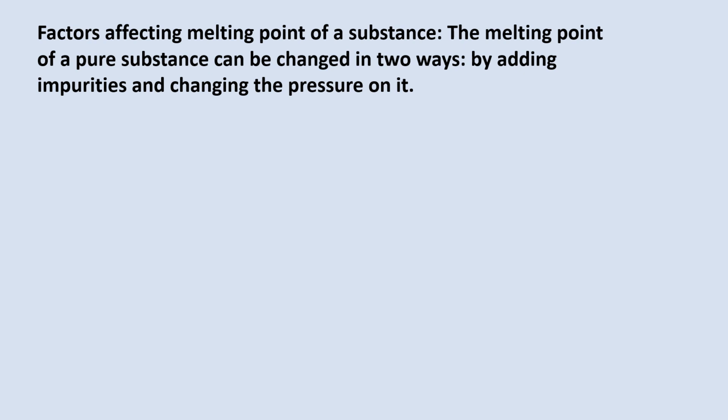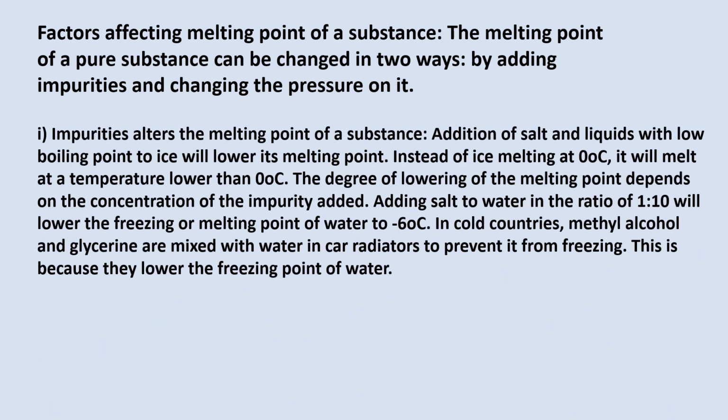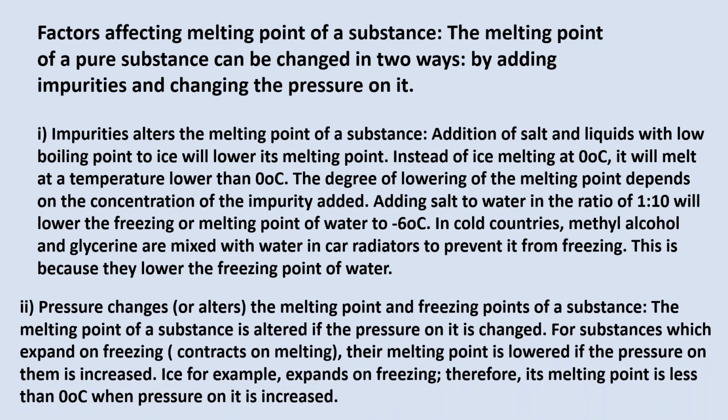Now, what are the factors affecting melting point of a substance? The melting point of a pure substance can be changed in two different ways. The first one is by adding impurities, and the second one is by changing the pressure applied on it. Impurities alter the melting point of a substance.